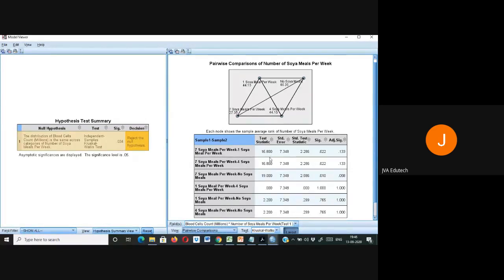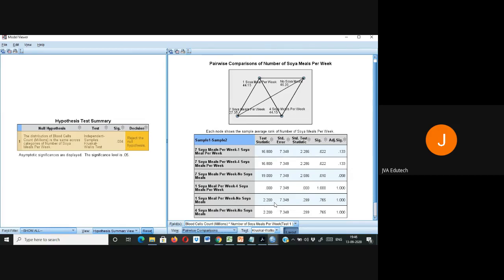For the second group, again 16.80. For the third group, it comes out to be 19. For this group, it comes out to be no difference, 0. For this group, it comes out to be 2.2 and so on.